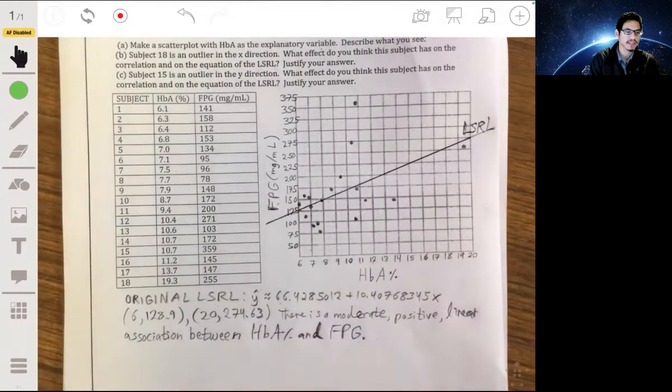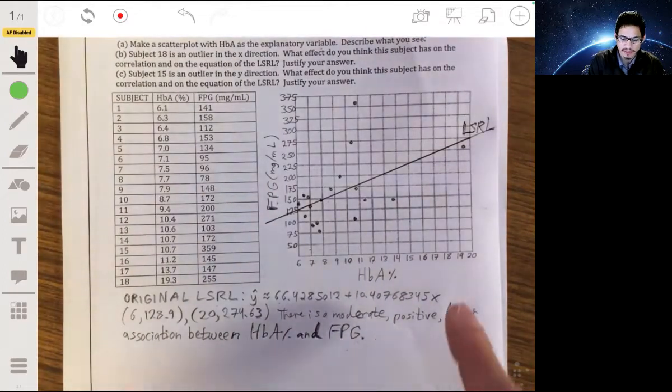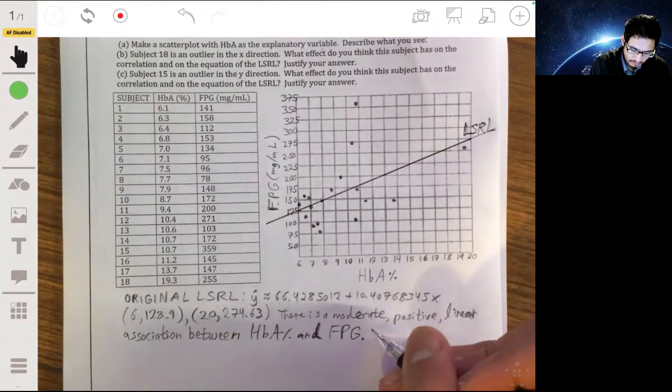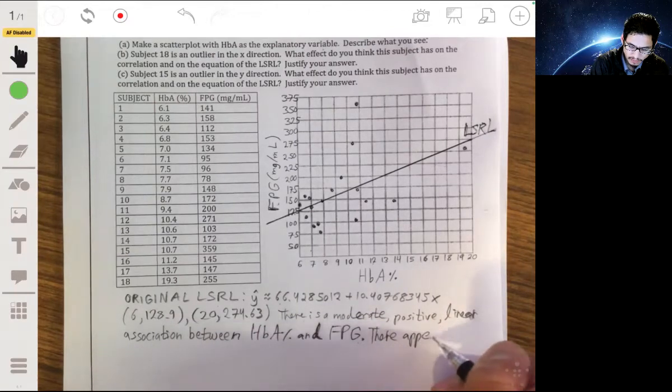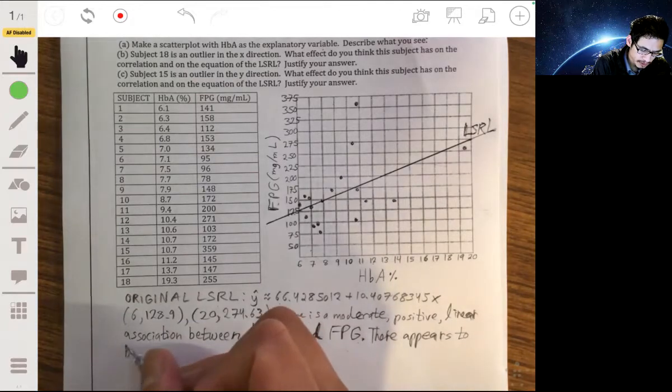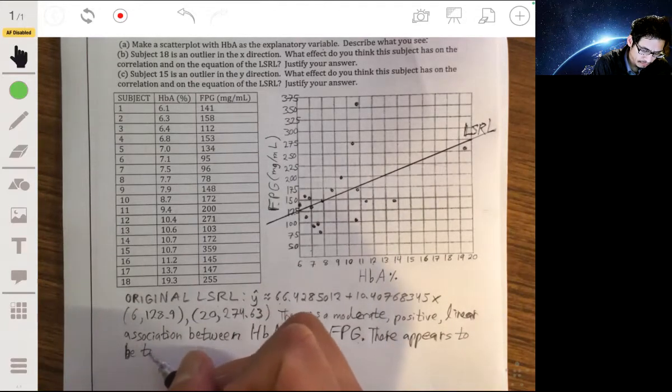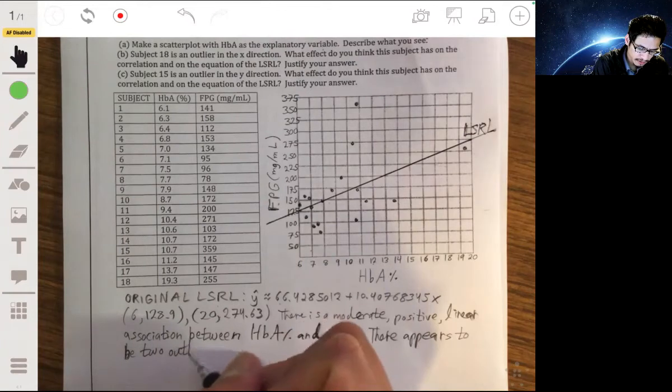Remember, mention any outliers because there appear to be 2 outliers here. So let's mention that there, because that's essentially what this problem is getting at anyways. So let's just mention to be sure that there appear to be 2 outliers.